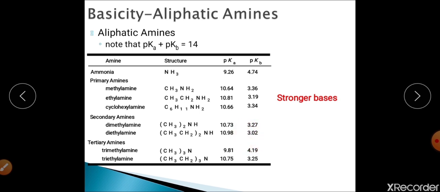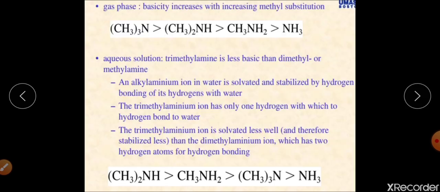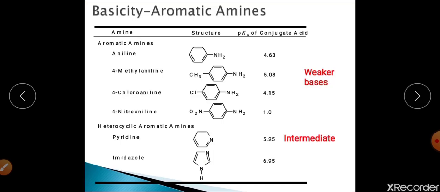So at that time you can see that the secondary amine will have more basic character in comparison to tertiary, and tertiary will have more basic character in comparison to primary if we are particularly talking about ethylamine, right? And this is because of the steric hindrance of the group which is attached to this particular position. So this is all about the basicity of the aliphatic amine.